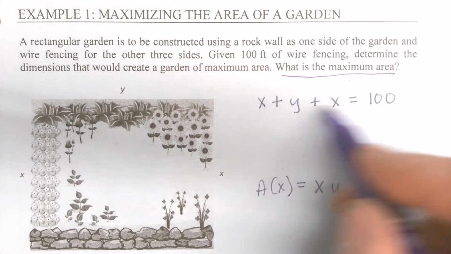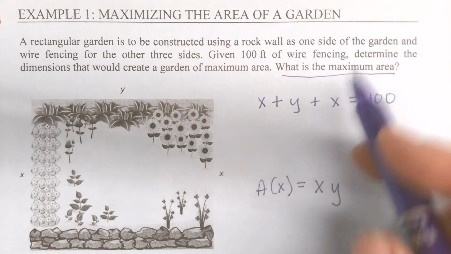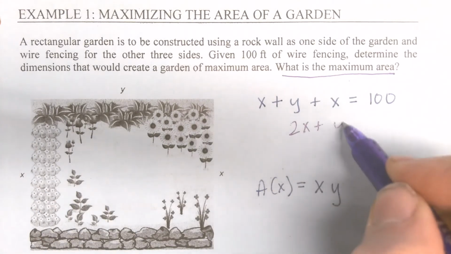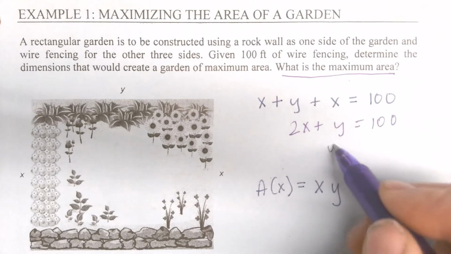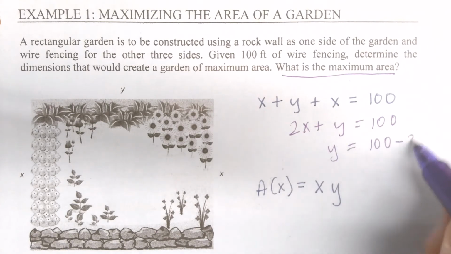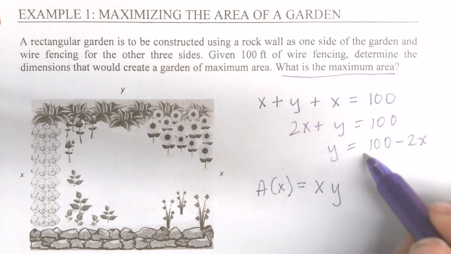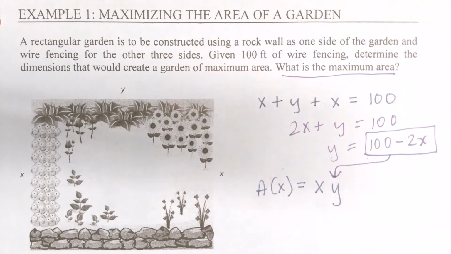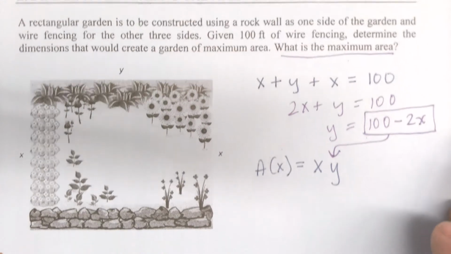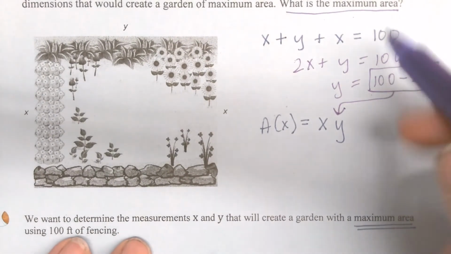If I take this connector, x plus y plus x, I can write that as 2x plus y equals 100, and then I can subtract the 2x and I get y equals 100 minus 2x, which means that I can substitute 100 minus 2x in for y and create a function that only has one variable. So I'll do that.